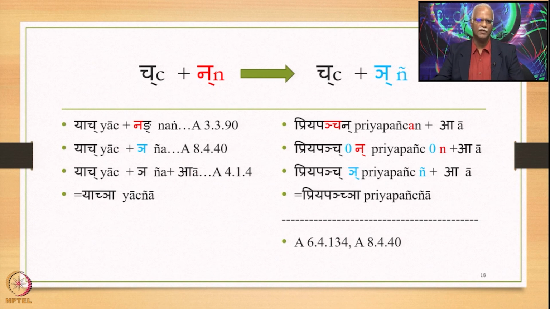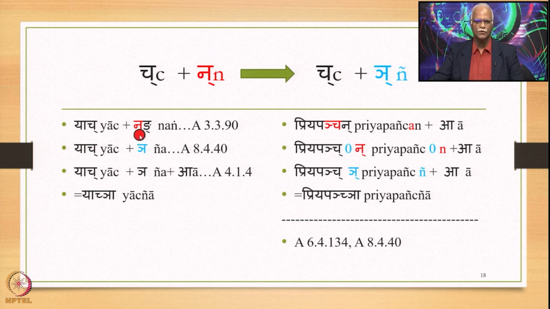We have the verbal root yacha, to which is added the suffix nang by the sutra 3390. So yacha plus nang, and so this na now comes in contact with this ch. This is shchu, this is stu.